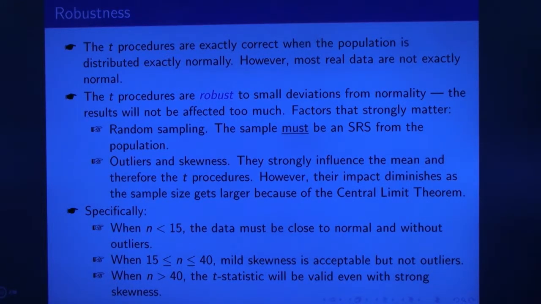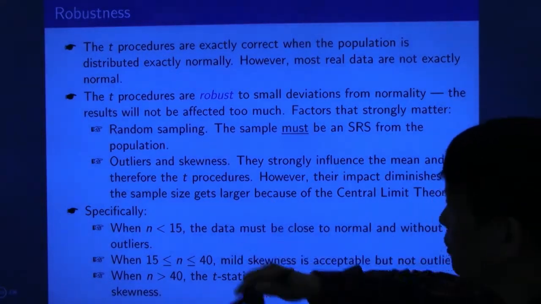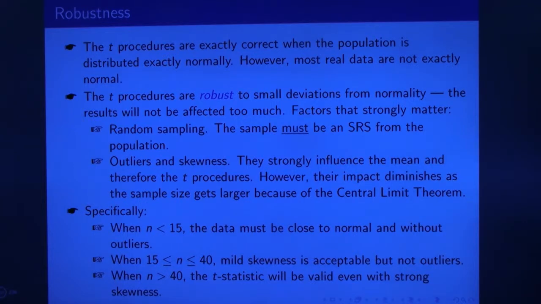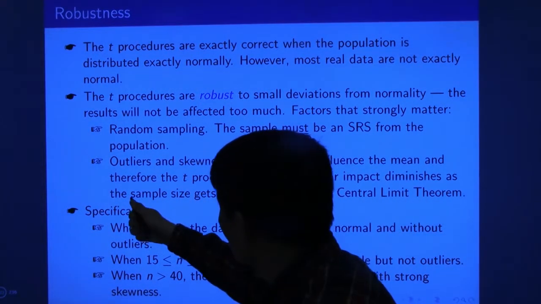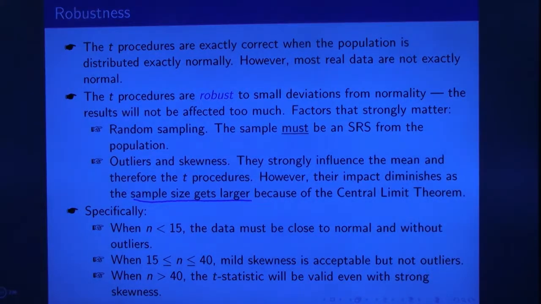The second one is outliers and skewness. Both strongly influence the mean and therefore the t procedures. However, if we increase the sample size, if the sample size gets larger, then those bad effects will be diminished.